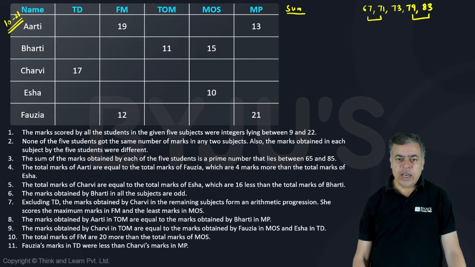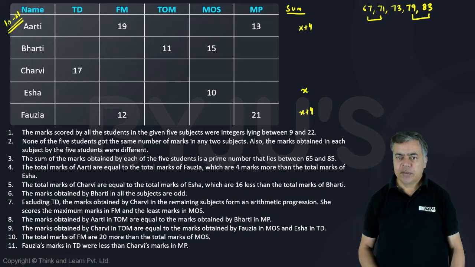So A and F must be 4 more than Isha. Let's say the total of Isha is x, then the total of A and F will each be x plus 4.